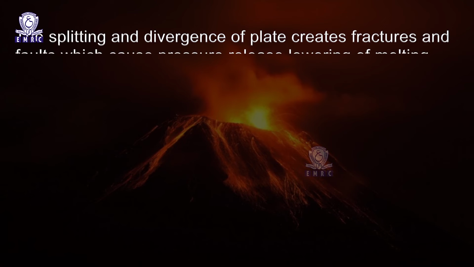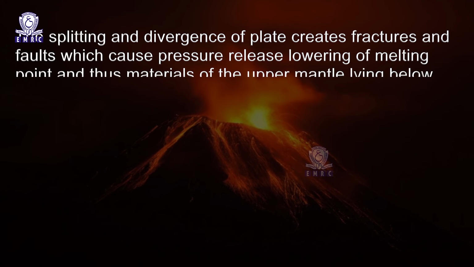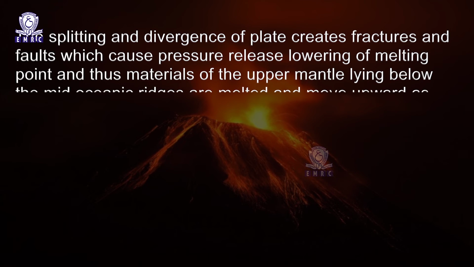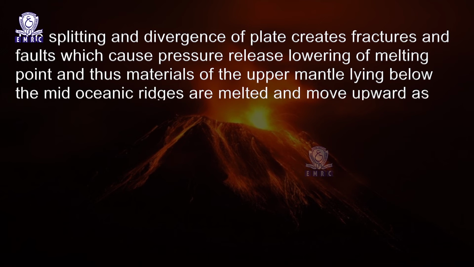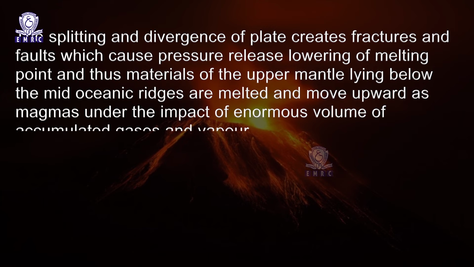The splitting and the divergence of the plates create fractures and faults, which cause pressure release and lowering of the melting point. Thus materials of the upper mantle lying below the mid-oceanic ridges are melted and move upward as magma under the impact of an enormous volume of accumulated gases and vapor.